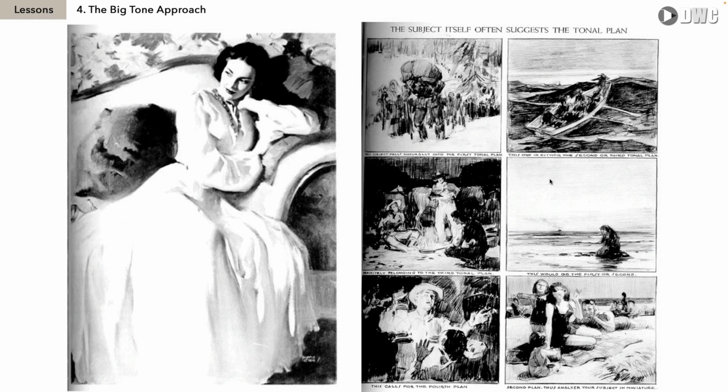So tonal composition. I mean, come on. Is this not one of the core bread and butters of composition, of realist philosophy? Realist philosophy is built on line and tone. Two of the base of the pyramid of realist drawing philosophy are line and tone, or value.